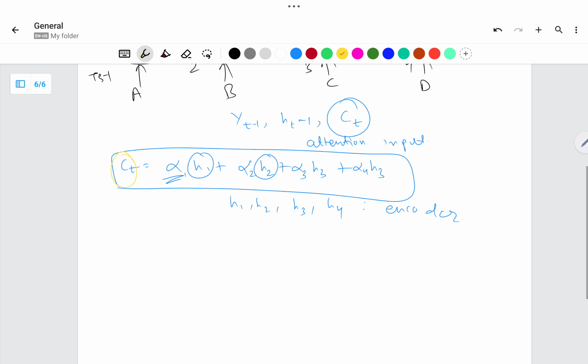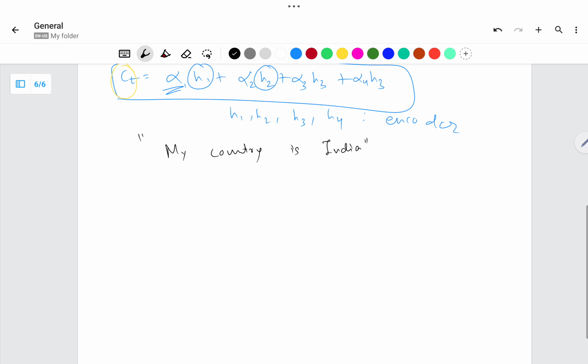let's say we were translating a sentence, my country is India. So that will be translated into मेरा देश भारत है in Hindi.